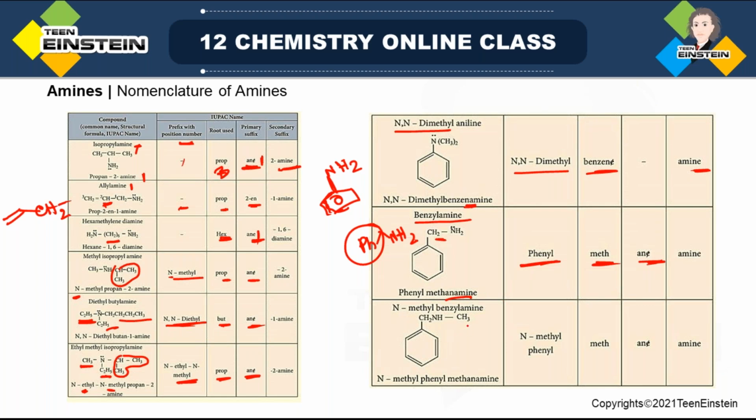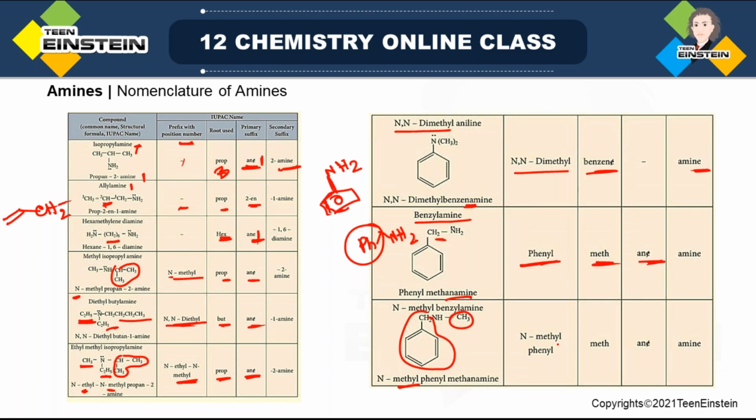Now we have one secondary example. So one side we have benzyl group, another side we have methyl. So common name N-methyl benzyl amine. But when it is IUPAC, now N-methyl, because this is the smallest part, it will be treated as N-methyl.